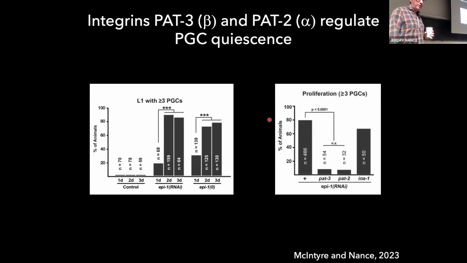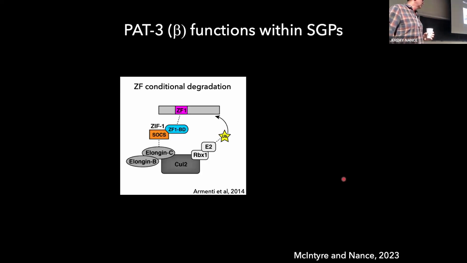So he took away laminin with this EPI1 RNAi, and then individually the beta subunit and one of the two alpha subunits, and saw that the PAT3 mutation almost completely suppressed this proliferation of germ cells, and so did this particular alpha mutation, but the other alpha mutation had no effect. So our interpretation of this is PAT2, PAT3 heterodimers of integrin were important for this laminin-mediated brake on proliferation.